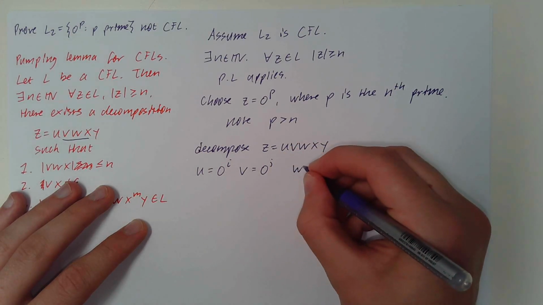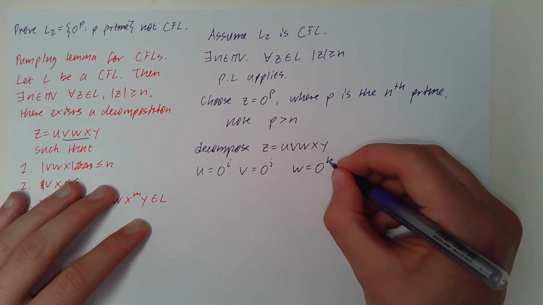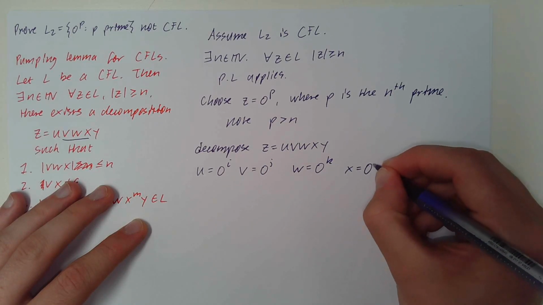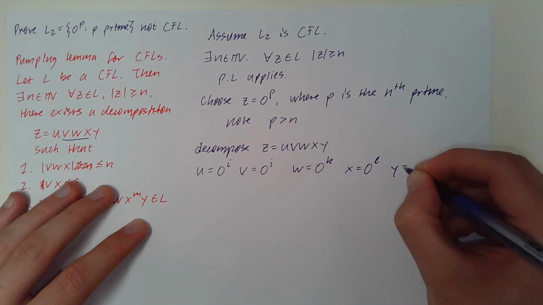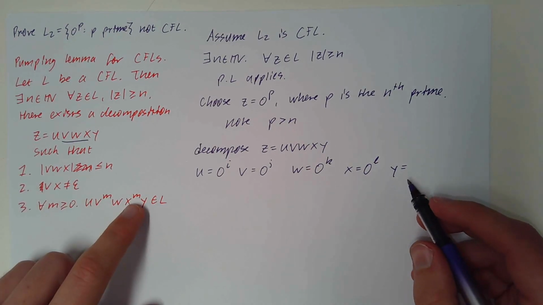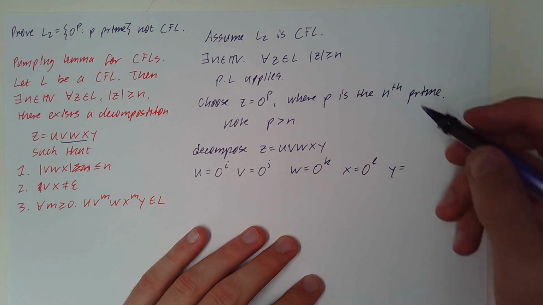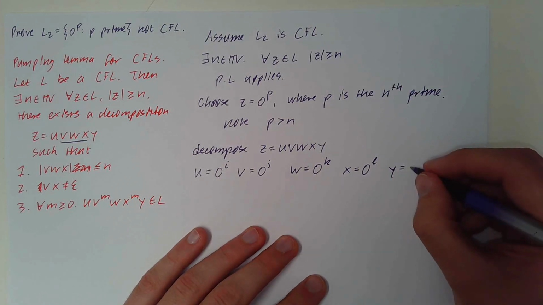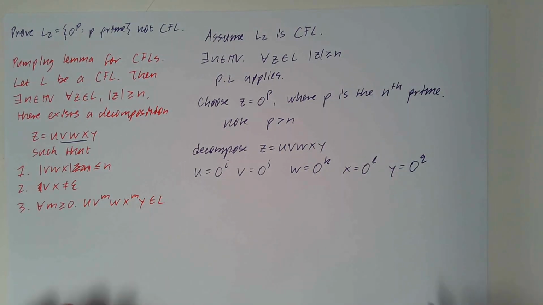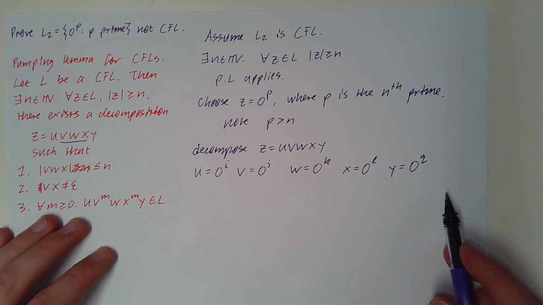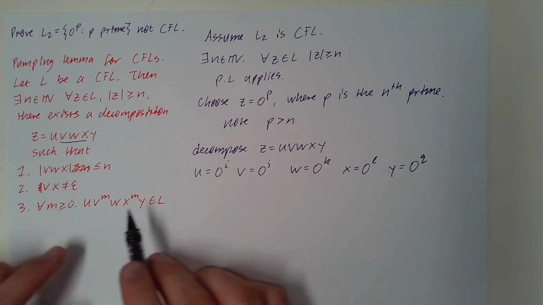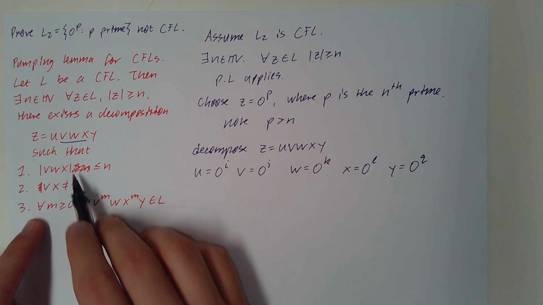So we're just going to label them all: i, j, k many zeros, l many zeros, and I don't want to use m because I'm going to use m over here, so I can't use n either. I can't use p, I'll use q. I'm running out of letters here. Okay, there we go. So for any decomposition, these three properties hold.